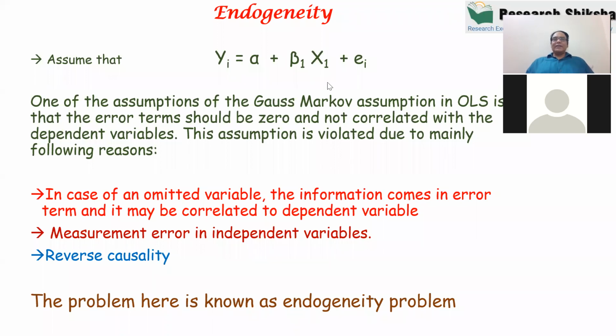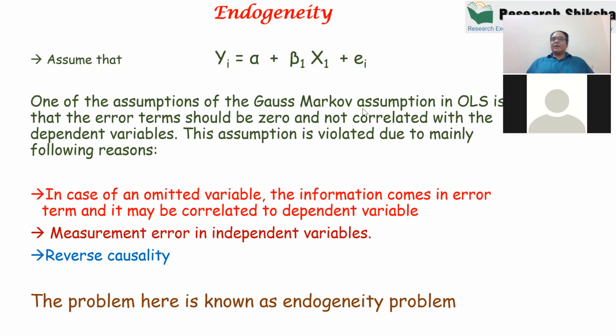And this is a simple regression model, and this model assumes that if it is complete, the error term should be as minimum as possible. The error term should be as low as possible.